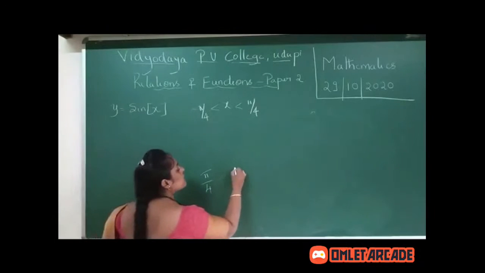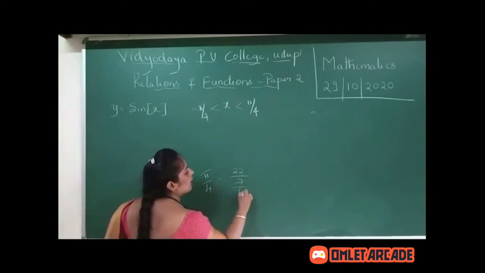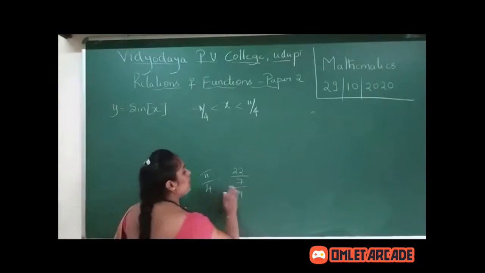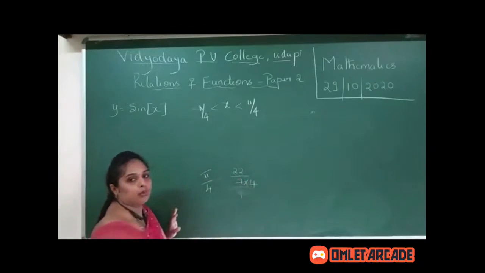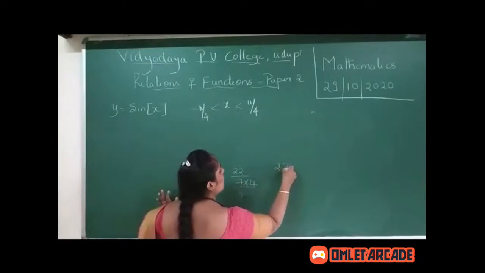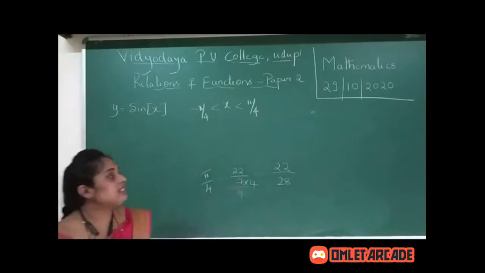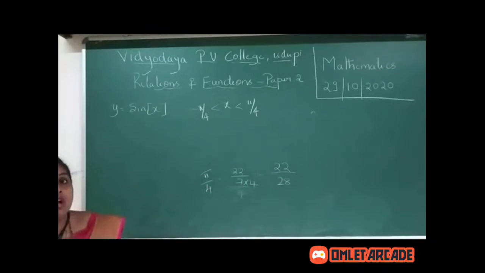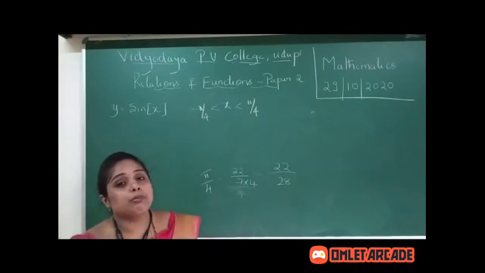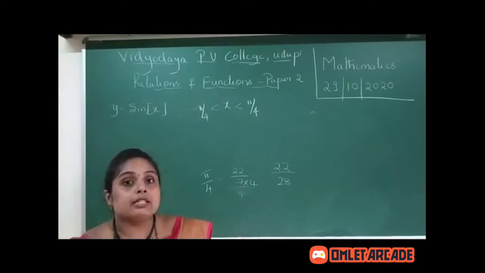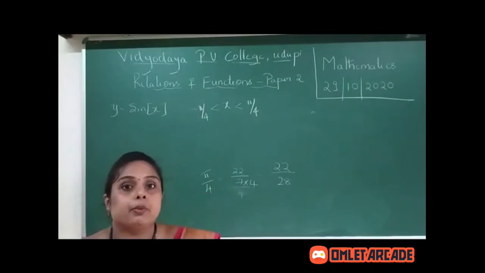Now pi is 22 by 7, divided by 4, which will be 22 divided by 28. The value will be 0 point something. Even if it is 0.1 up to 0.9, no problem, since I put greatest integer, it would be the previous value.